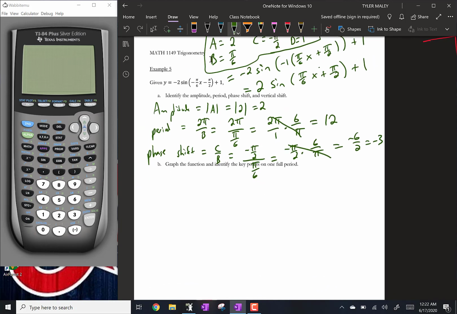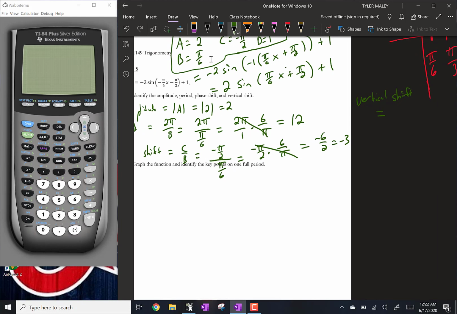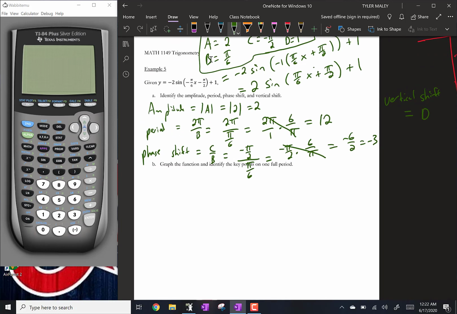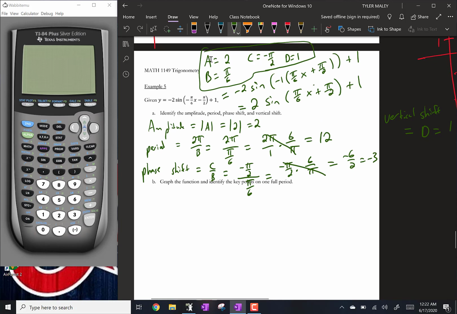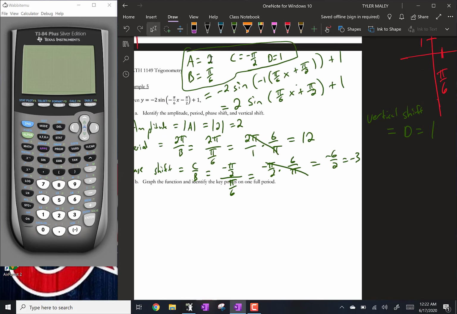Let's see, so we got the amplitude, period, phase shift. Then next we want to find the vertical shift. So the vertical shift would be equal to D, which is 1. Right. So we found all of those parts.